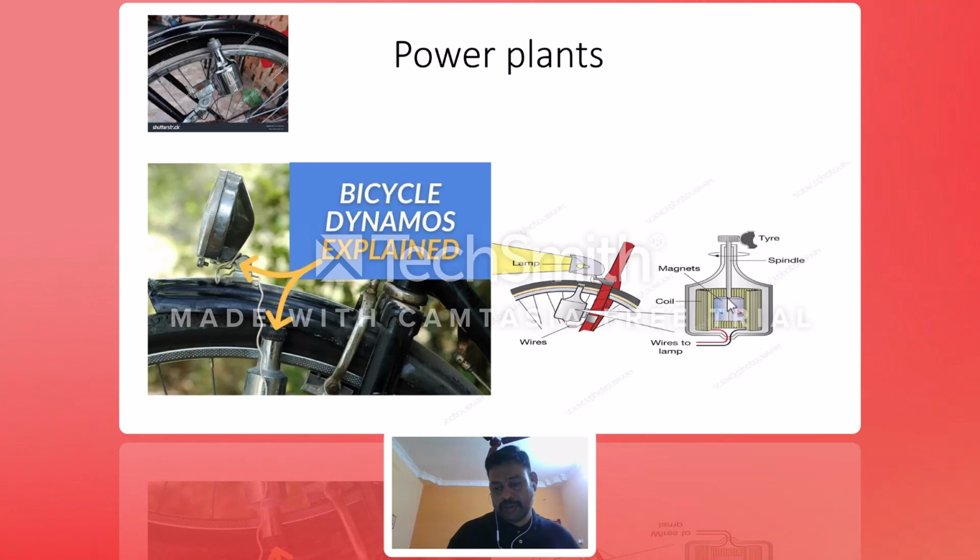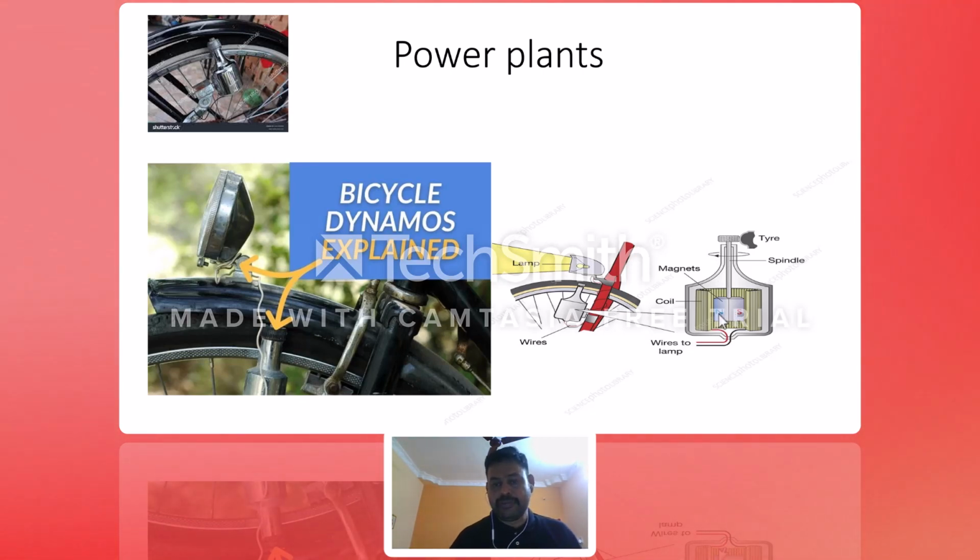And similarly, here you have a graphical representation. If you look at what is inside the dynamo, you have two things. One is coil and the second one is magnet. In the magnet you have north pole and south pole, both are there. This is the dynamo head, so this will be engaged with the tire. Whenever the tire rotates, the magnet will rotate within the coil.